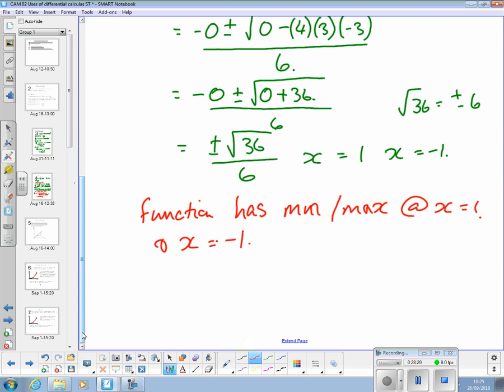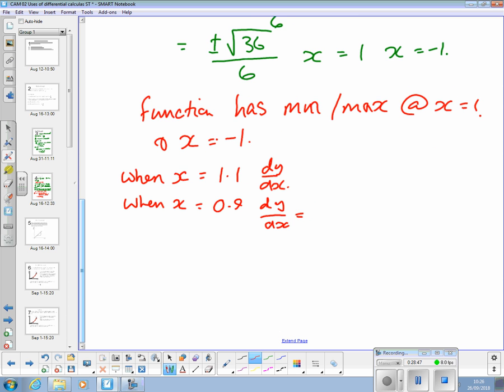So when x is equal to 1.1, dy by dx is equal to... that'll cover the turning point at x equals 1. You need to find whether it's positive or negative, remember, and the nature.